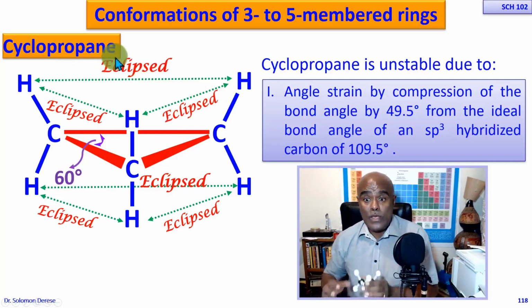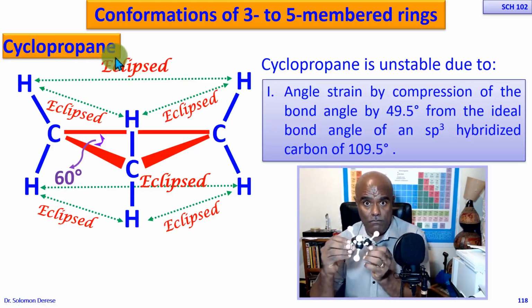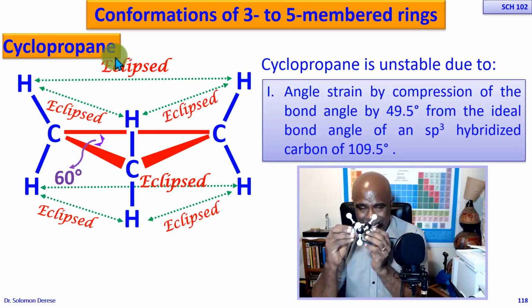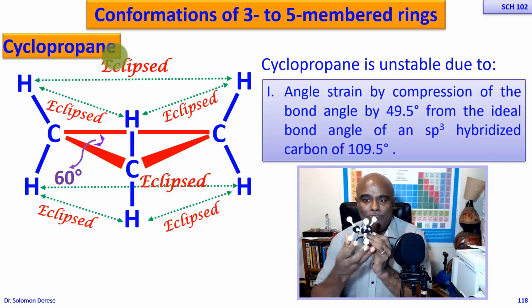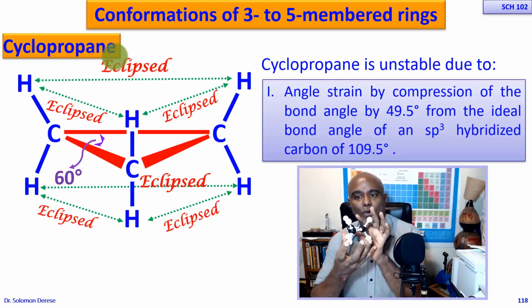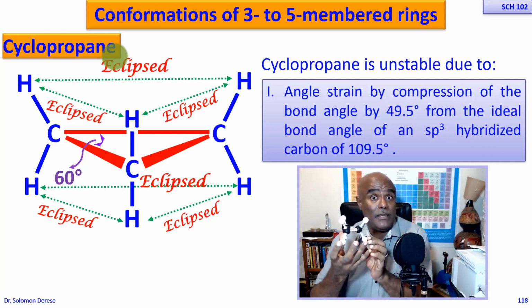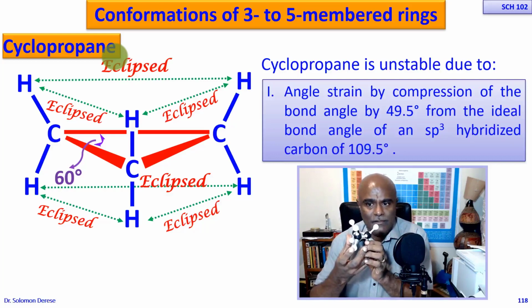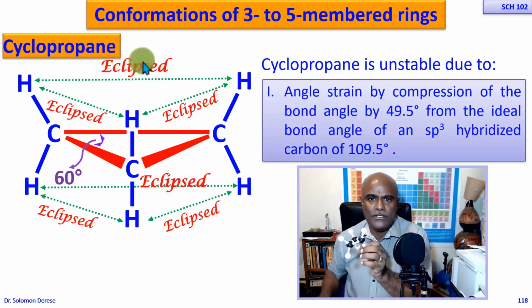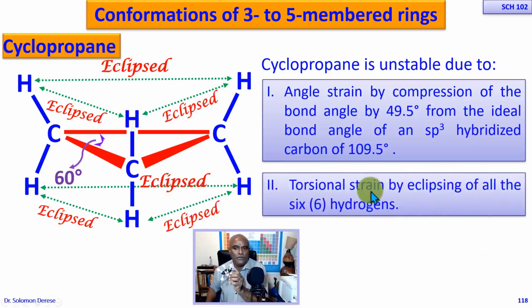There is no other form cyclopropane can adopt as a result of rotation of its carbon-carbon bond. All the carbons are going to be in the same plane. The bond angle is going to be 60 degrees. All the six hydrogens are going to be torsionally strained as a result of eclipsing.